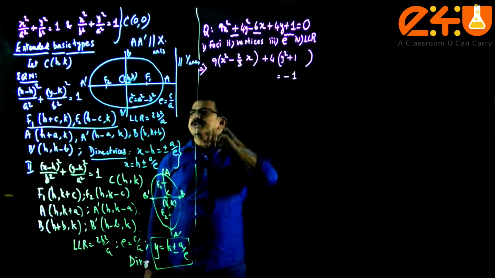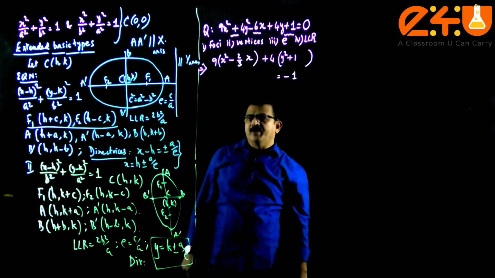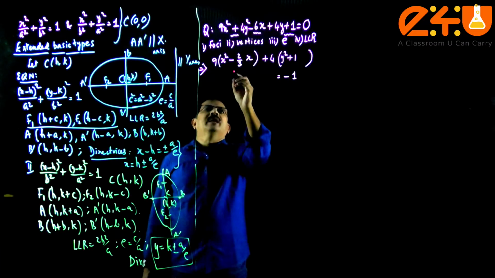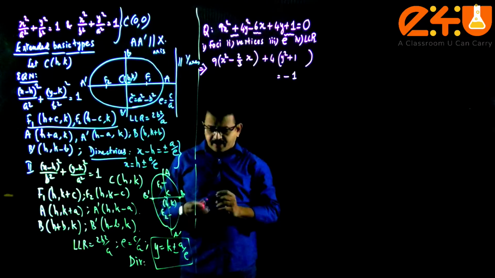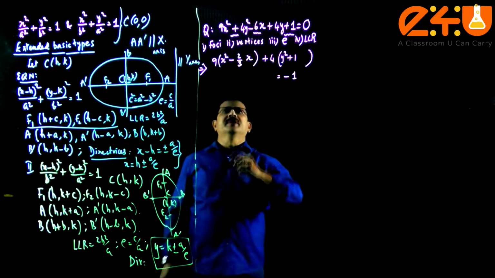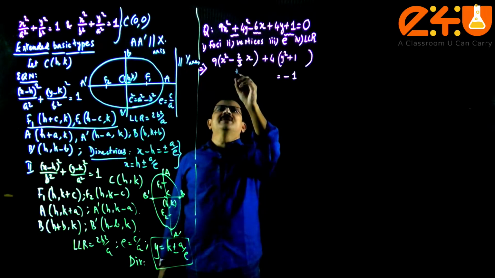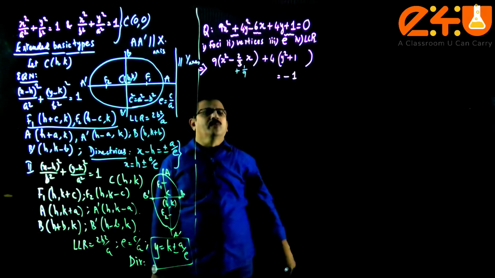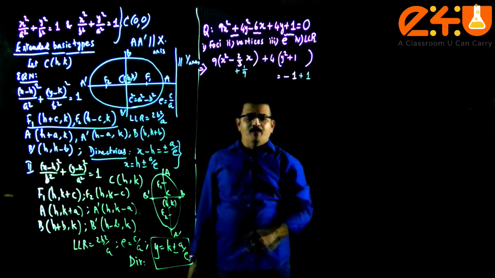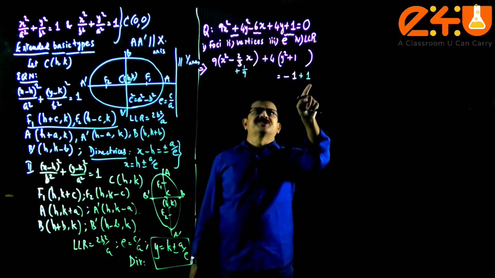Slowly we are turning it into the extended basic type, (x − h)² by a² plus (y − k)² by b². Now let us add suitable constants to complete the square. Half of the x coefficient is minus 1 by 3, so I add 1 by 9, and to balance the equation, 9 times 1 by 9 on the RHS.